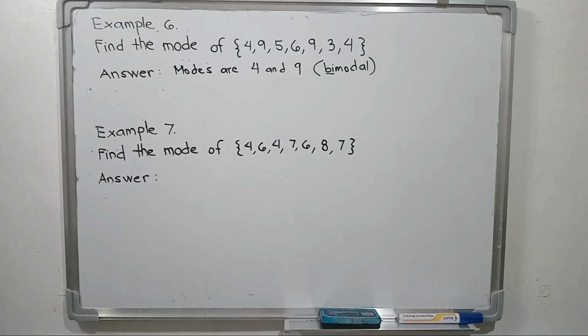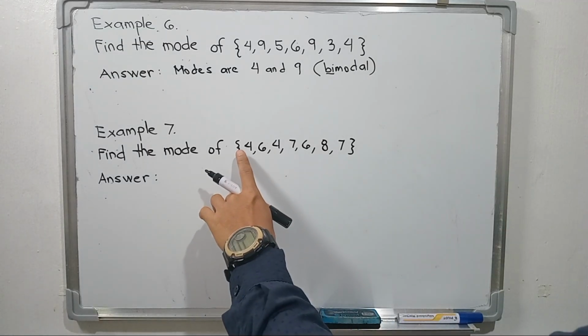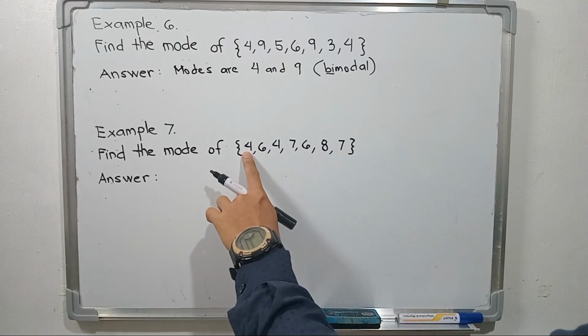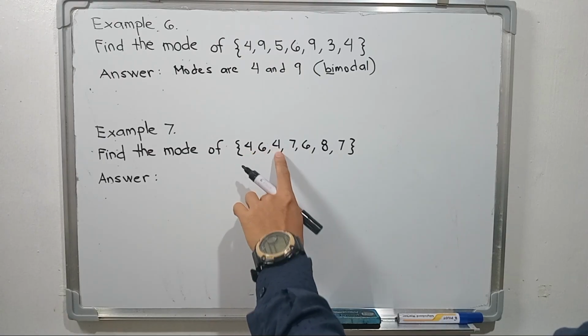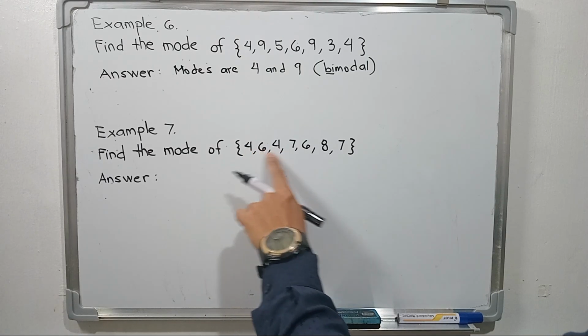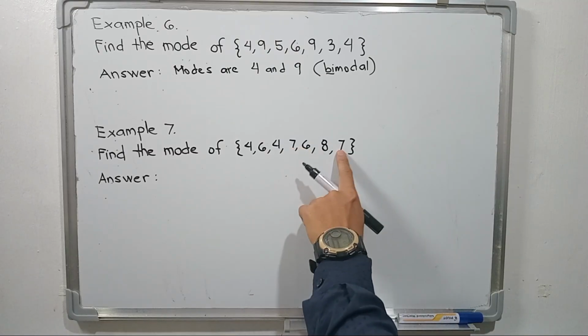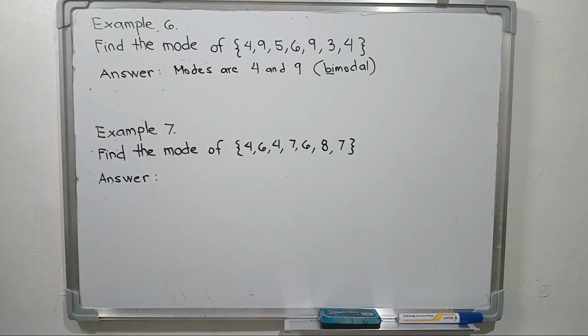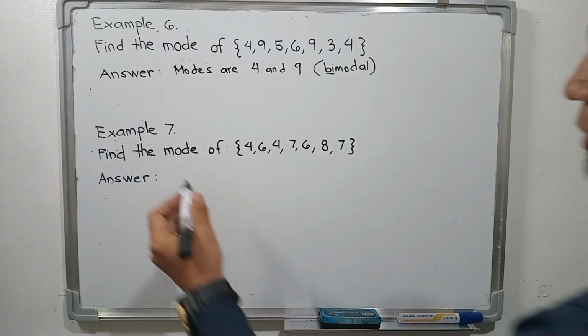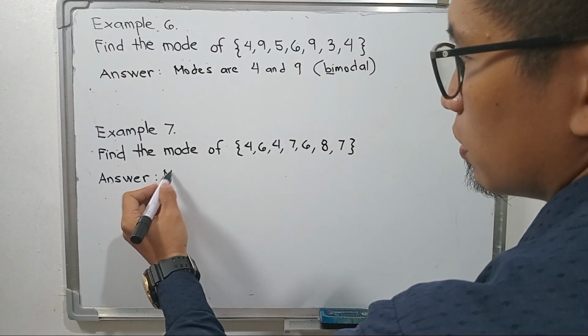The number 4 appeared twice. The number 6 also appeared twice, and then the number 7 also appeared twice, and they appeared the most, and they all appear the same number of times. Okay, so in this particular example we have 3 modes.